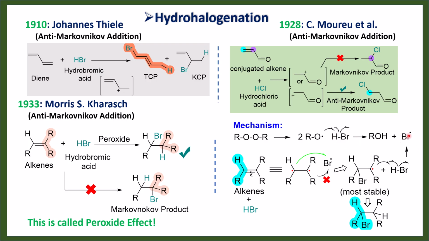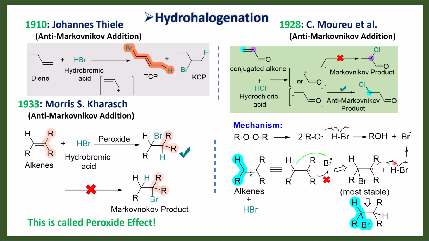Now this bromine radical adds to the alkene, so the alkene undergoes homolytic cleavage, giving two radicals, and the bromine can attack either end. If bromine attaches to this less substituted side first, it generates the more substituted radical, which is more stable.